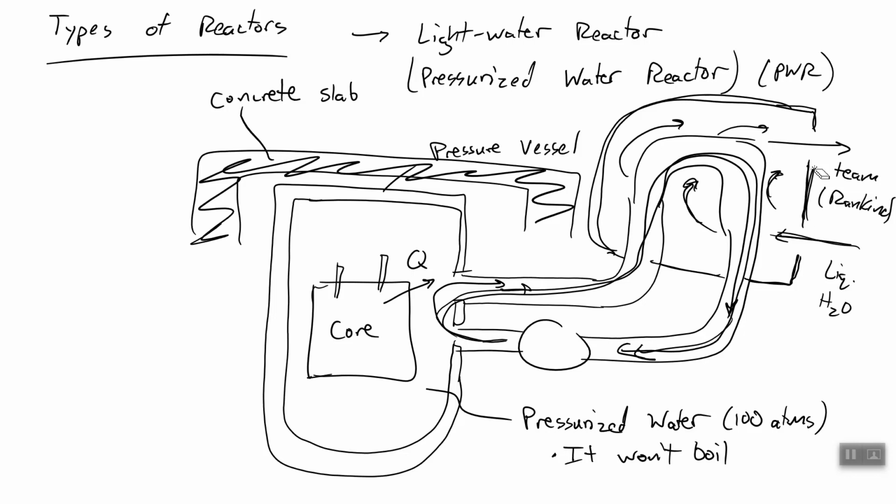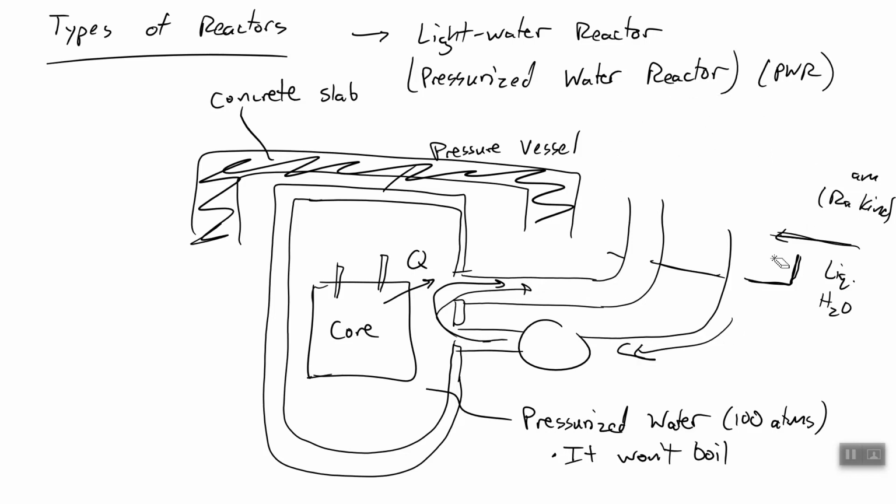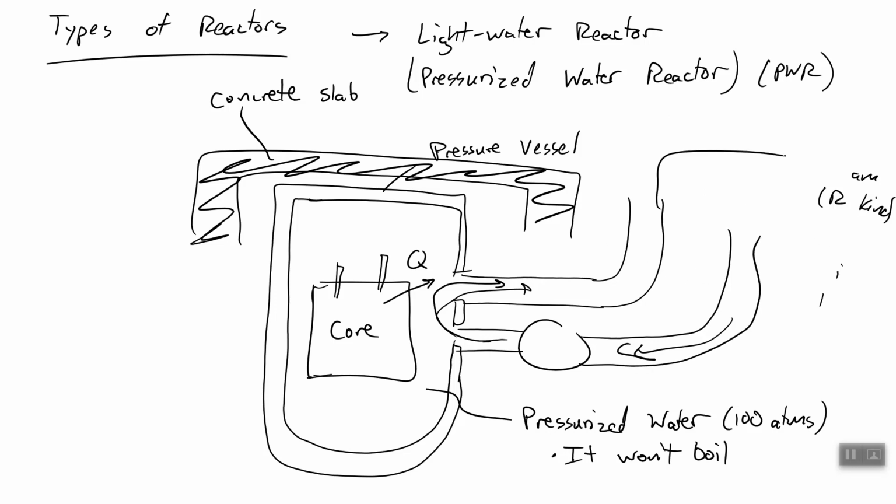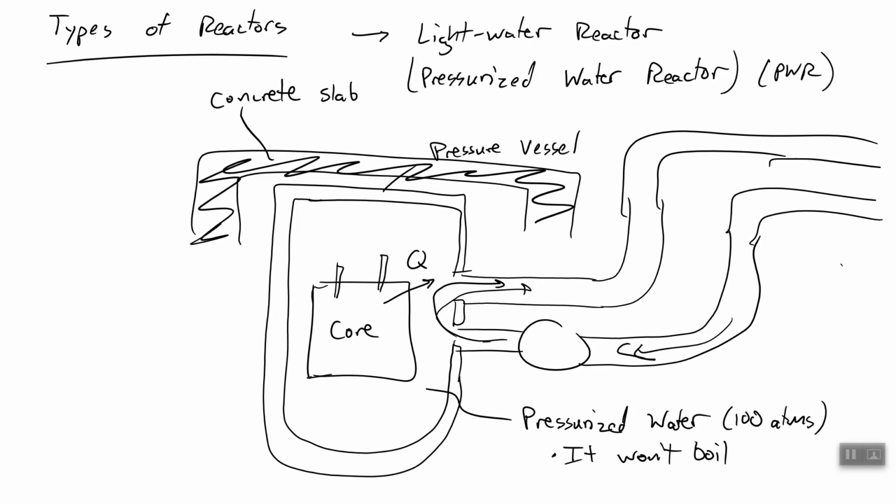Well, in a boiling water reactor, we abandon this second heat exchanger, and this fluid actually just goes straight to our Rankine cycle. So we're using irradiated water in a turbine. It's great. And this is called a boiling reactor because we actually are boiling the water, which is still a super efficient heat transfer process. And then we have steam that's leaving it going straight to the Rankine cycle. So that is a boiling water reactor.